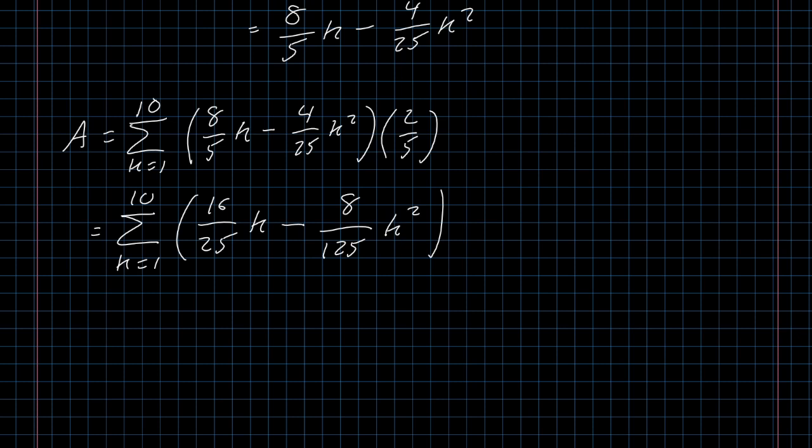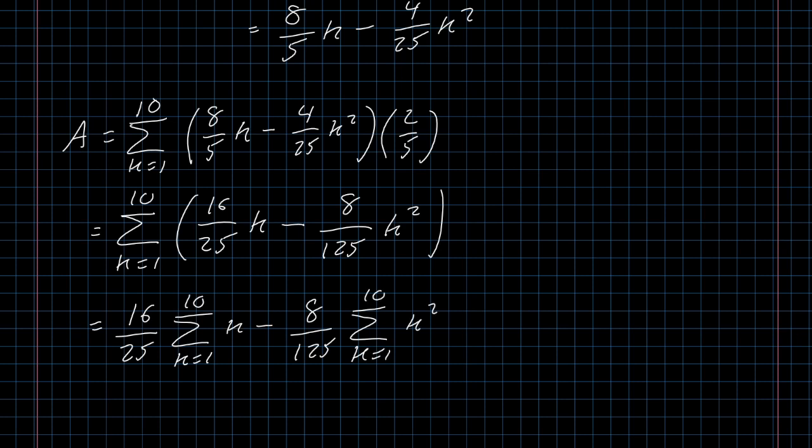But by doing that, now all of a sudden we are taking the summation of something that is linear, so we can split it up and use our summation rules.